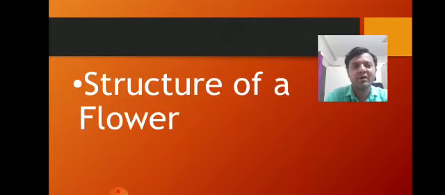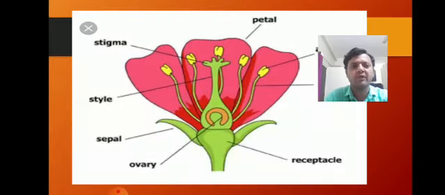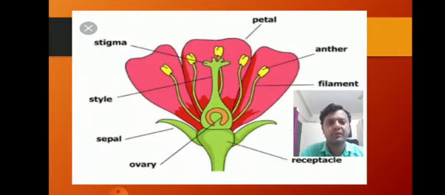Moving on, the structure of a flower. You need to know the structure first, and only then can we proceed to the different parts of flowers. Have a look at it. Observe the diagram of a flower very carefully. These are the different parts of a flower. We are not going to discuss all parts, but a few parts are very important from the class 6 point of view, and we'll be discussing those.